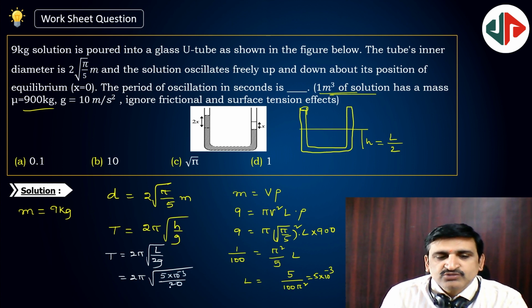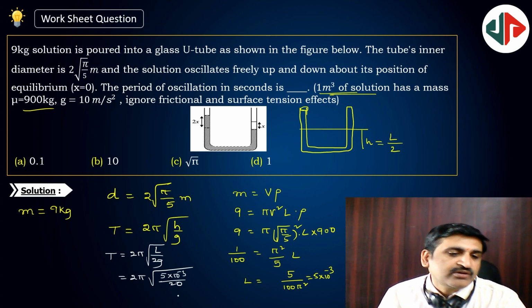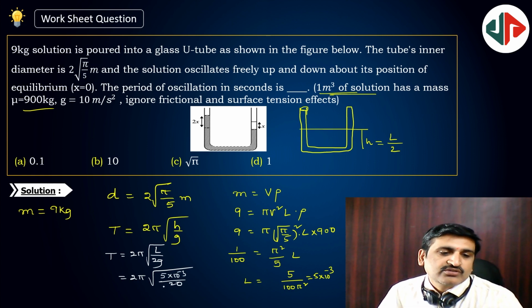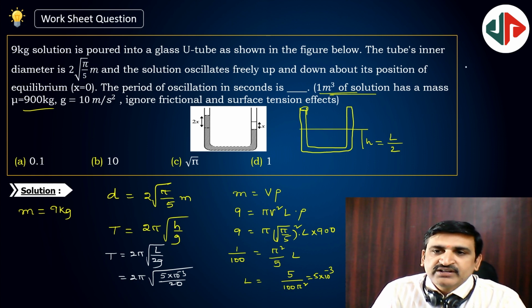So this is 2.5 into 10 power minus 4. T is equal to 2 pi root over 2.5 into 10 to the power of minus 4.